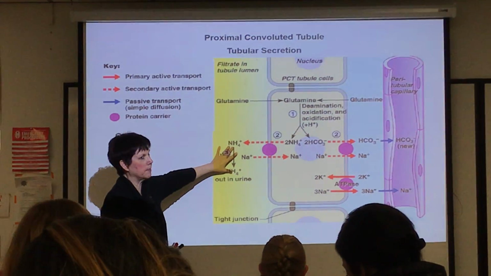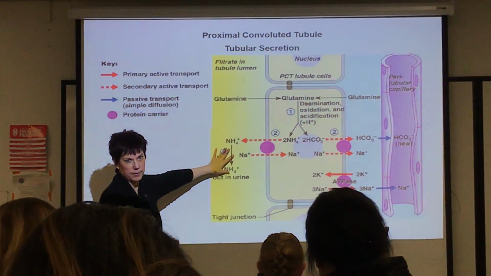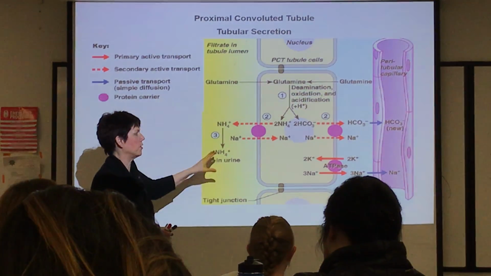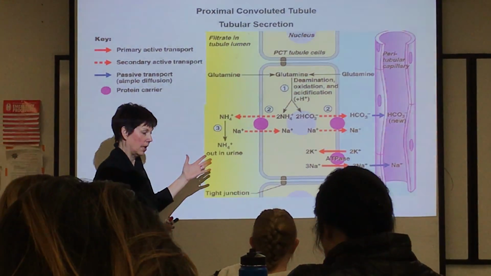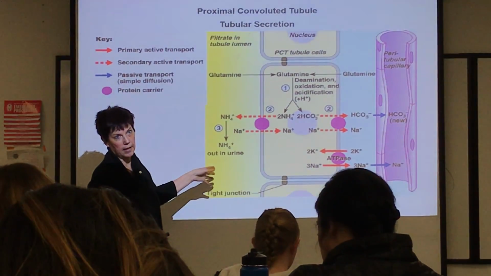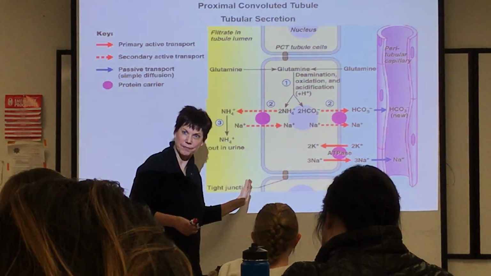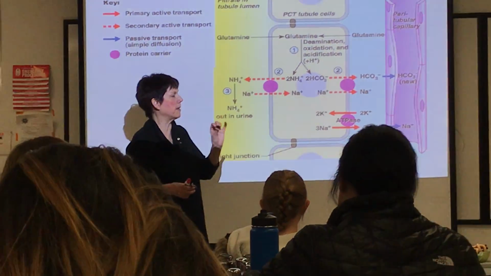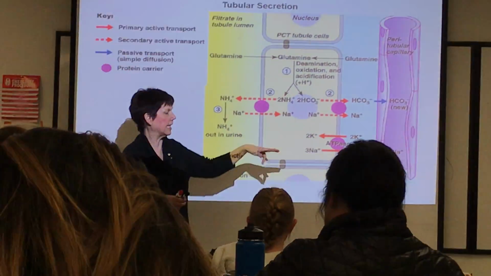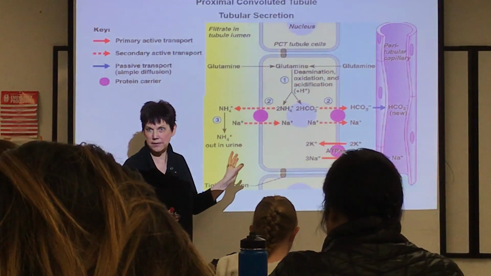And we're going to talk about this more on Tuesday when we talk about buffering systems, okay? So for now, I just want you to understand the direction. So when we talk about our acid-base balance, we're going to talk about secretion of hydrogen ions, okay? And in a few segments of the collecting duct, we have secretion of bicarbonate ions.